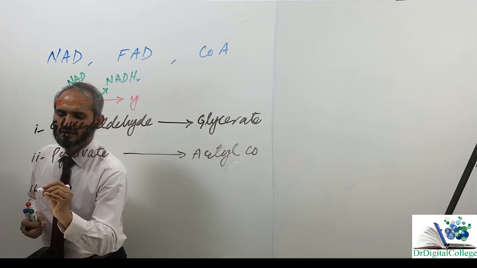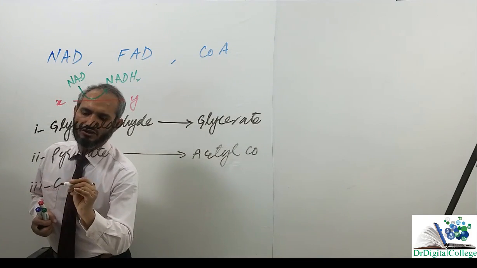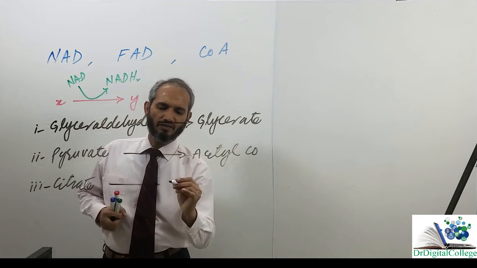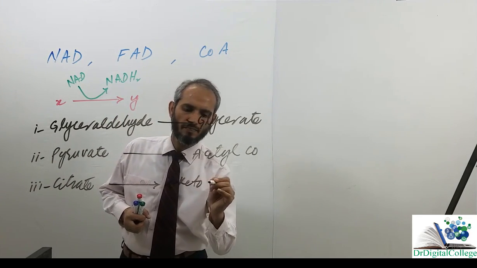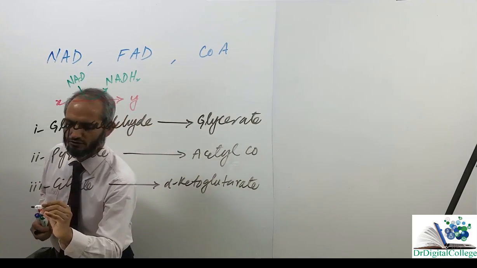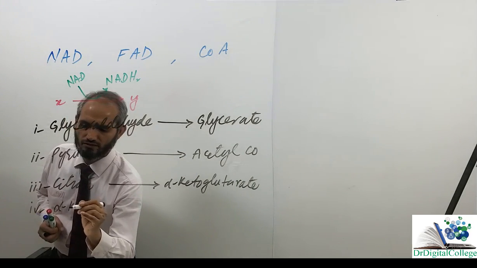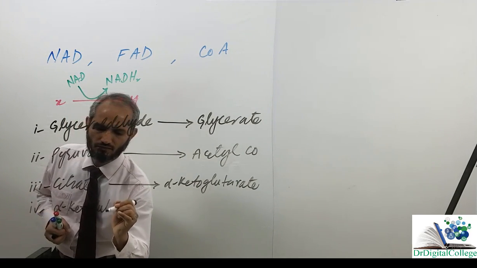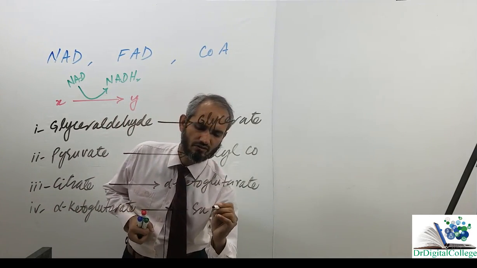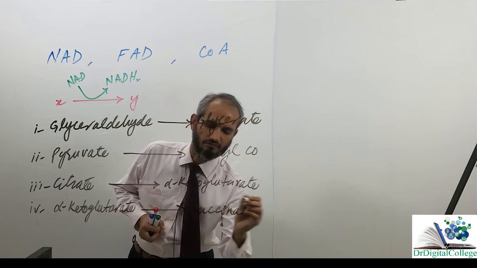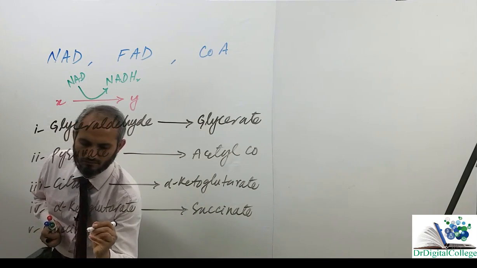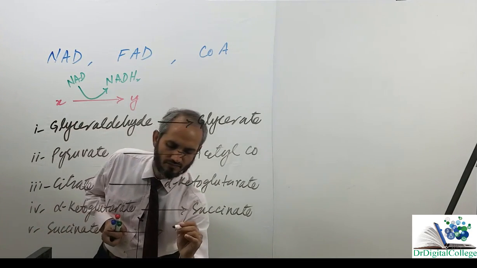You know, during Krebs cycle, citrate is oxidized into alpha ketoglutarate. Alpha ketoglutarate is oxidized into succinate. Succinate is oxidized into fumarate.